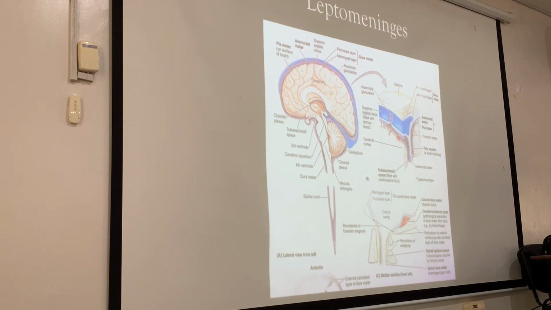And between these two layers, we have the CSF. So the CSF is here, and it will apply pressure on the arachnoid mater, so it is close to the dura. So the subarachnoid space in the brain is continuous to the subarachnoid space in the spinal cord.